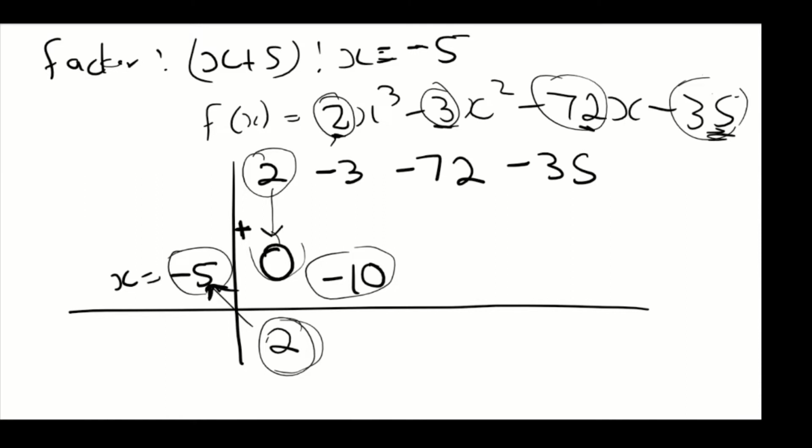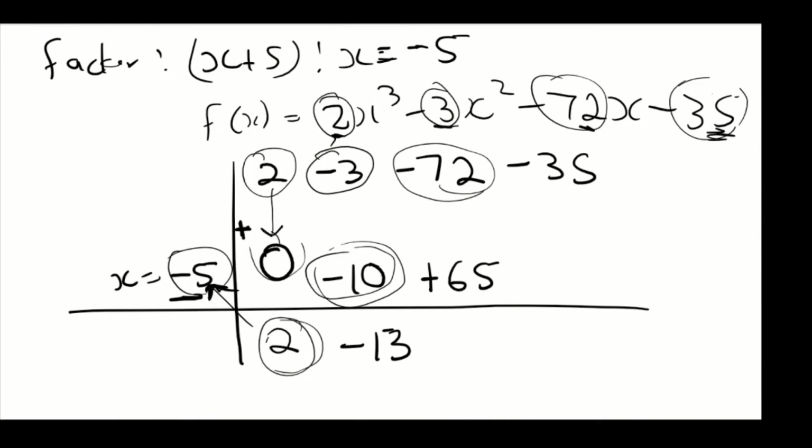And then you repeat the process and say minus 3 plus minus 10 gives you minus 13. Minus 13 times this minus 5 is going to give you plus 65, because it's minus times minus. And then minus 72 plus 65 will give you minus 7.